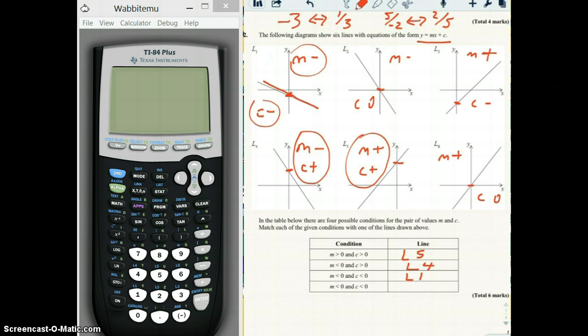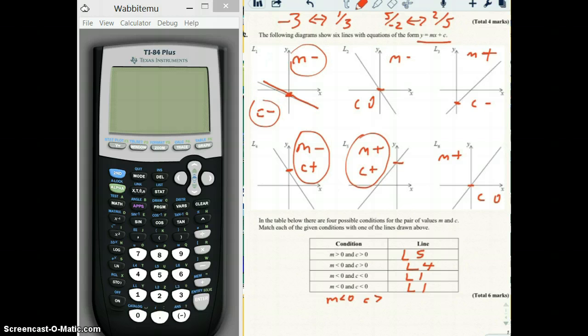And last of all, M is negative and C is negative. That would be this one, right? No, sorry about that. That's wrong. M is negative and C is negative. Oh, wait a second. They wrote the same thing twice. That would be L1 again. I think they wanted to say something else there. Probably they wanted to say M is negative and C is positive.